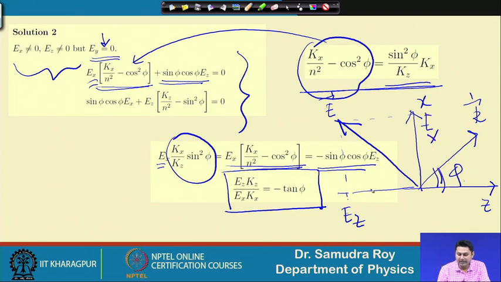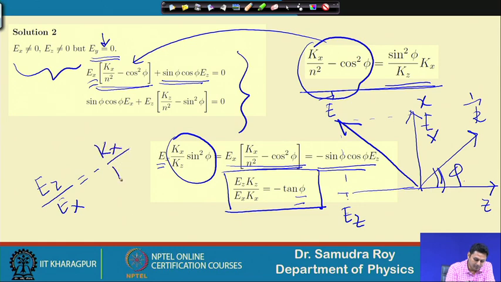So the Ez and Ex components will be related to tan phi, and if I do that, my Ez over Ex will be minus kx over kz times tan of phi. What is the meaning of that?